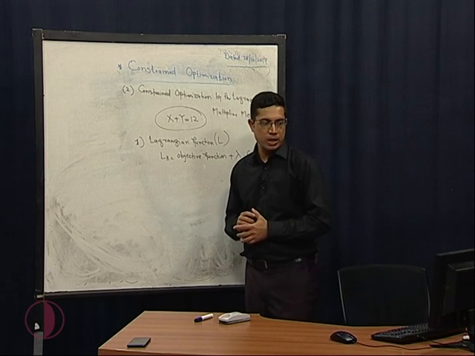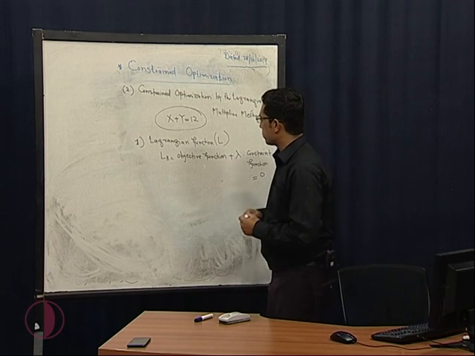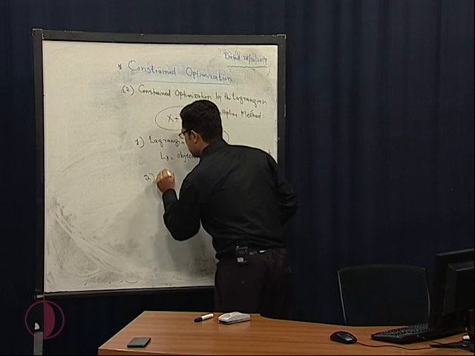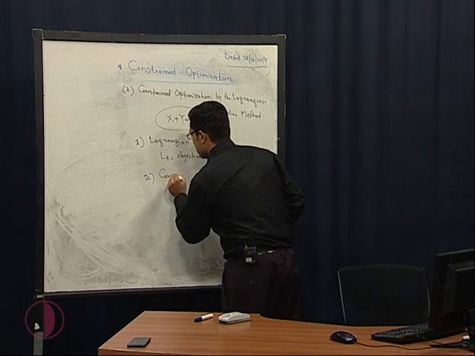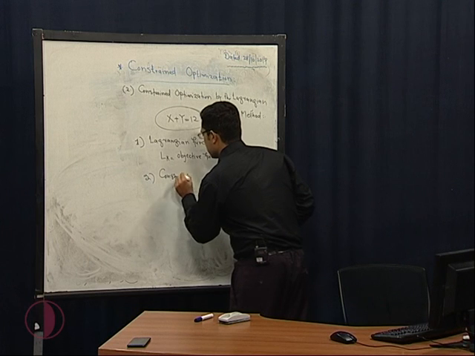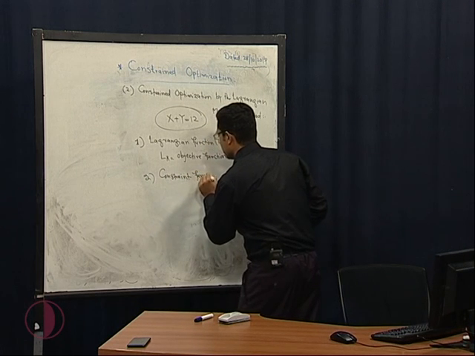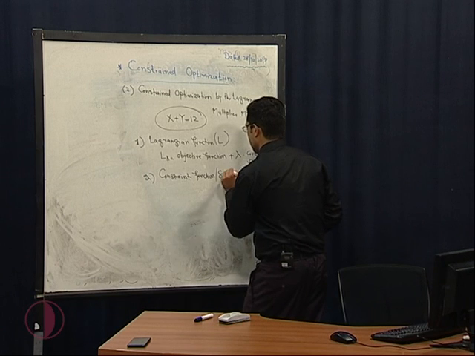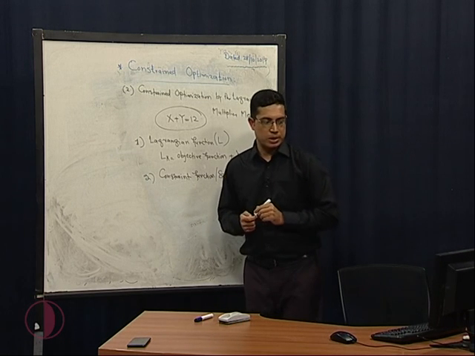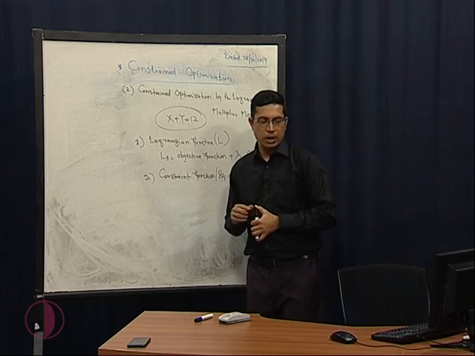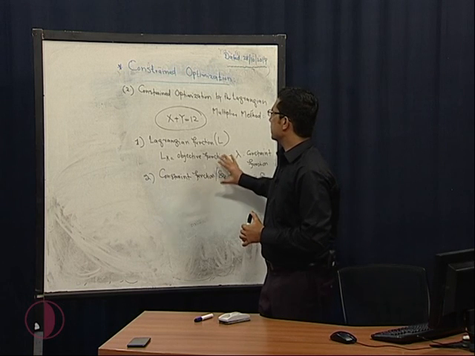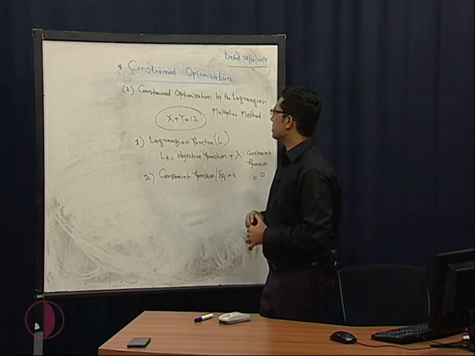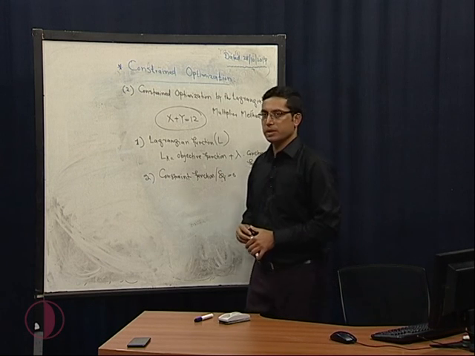Then we will set the constraint function or equation equal to 0. After that we can solve the Lagrangian function in order to get the maximum profit level of the business firm.